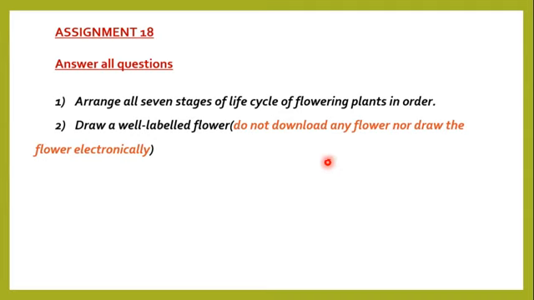Neither must you draw the flower electronically using your computer or your hand on the phone. Use pencil to draw the flower in your exercise book and take a snapshot and send it onto the page. If you don't do it that way and draw it electronically or download the flower, it will be marked down.